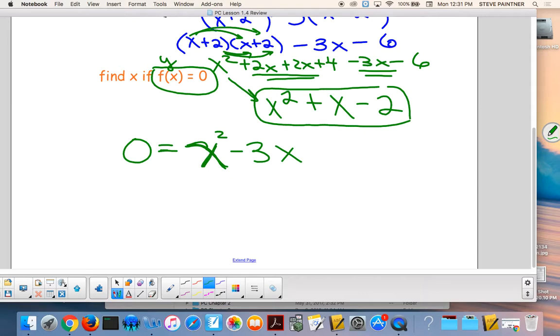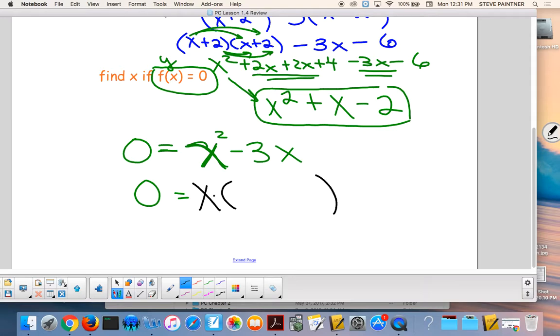So what x value makes this equal to 0? Well, don't tell me the answer. Tell me how to get the answer. Factor. You can do the quadratic formula, but it's a mess. If you can ever avoid that, do it. Take out the GCF. They share x's.